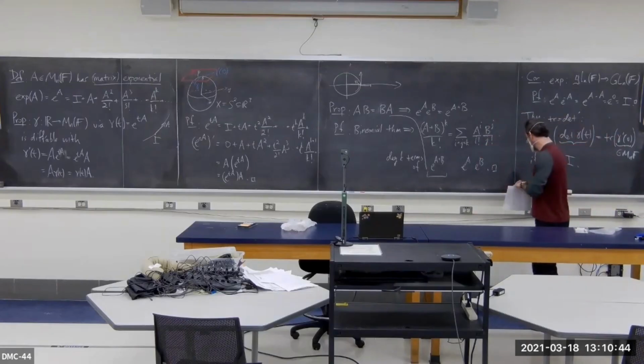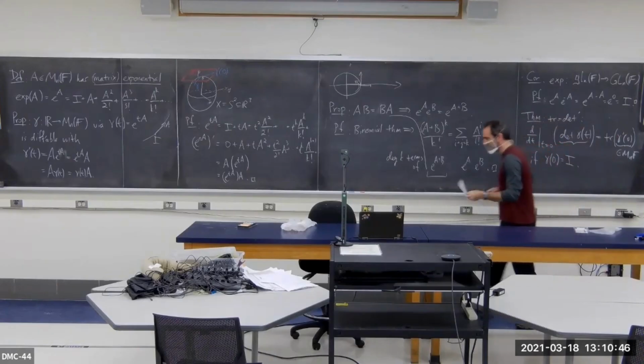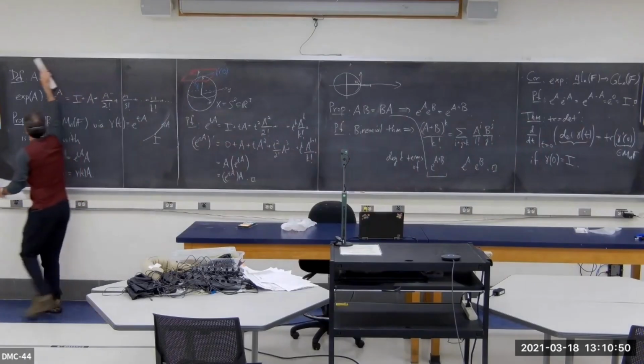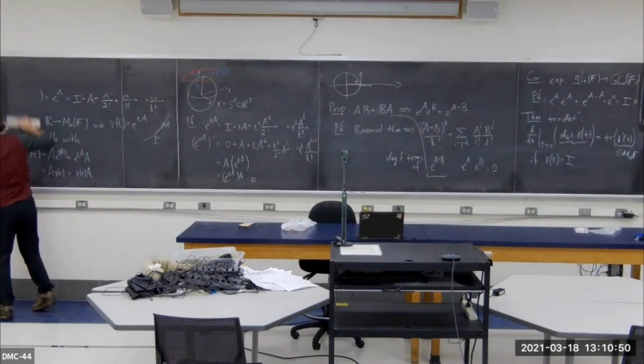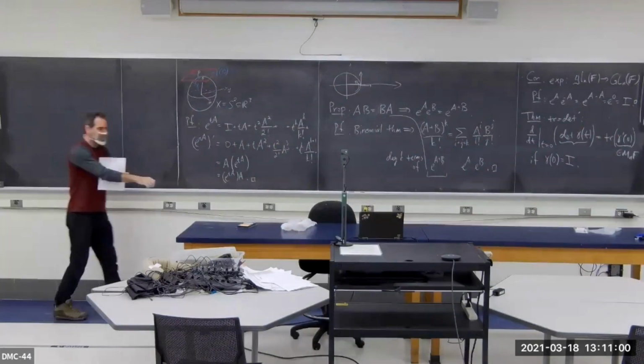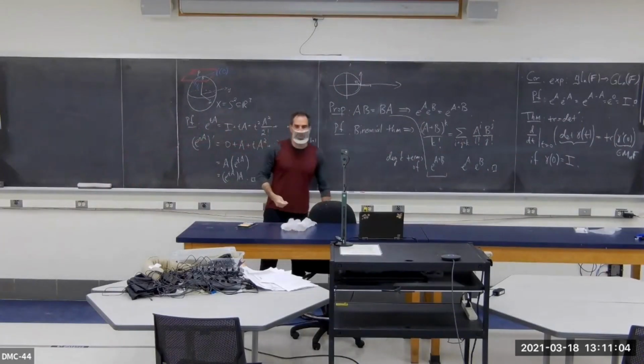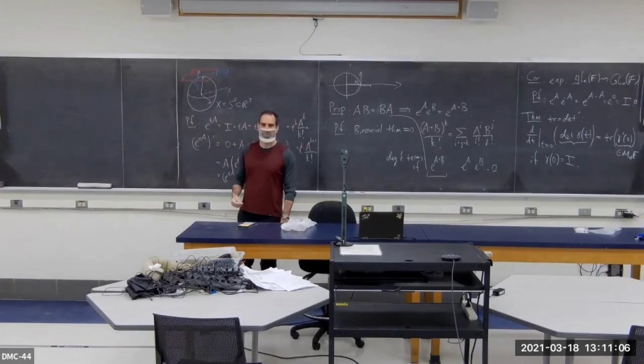What do you know about the trace and the determinant that should tell you that this is plausible? They're both coefficients of the characteristic polynomial. One is the n-1 coefficient and one is the constant term.